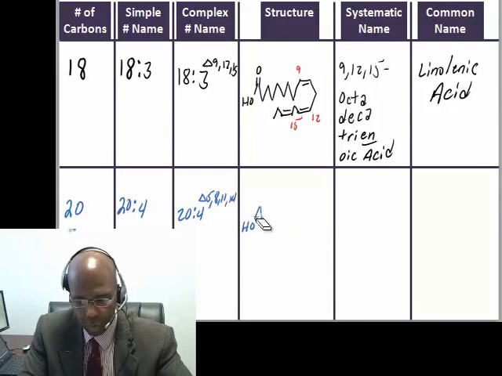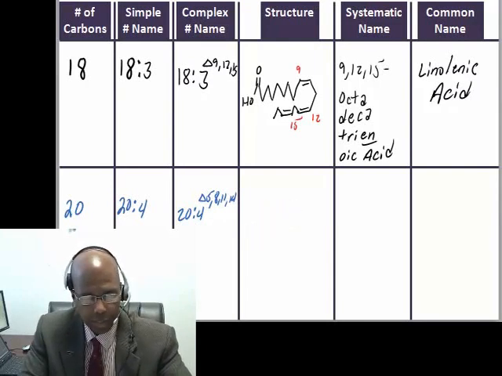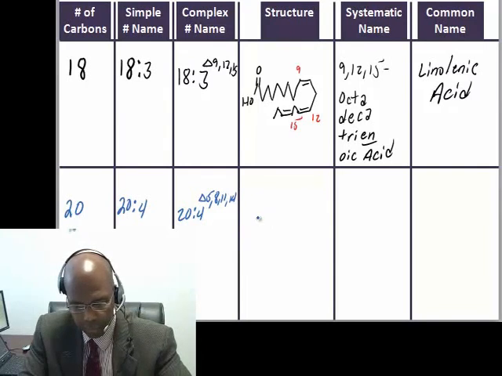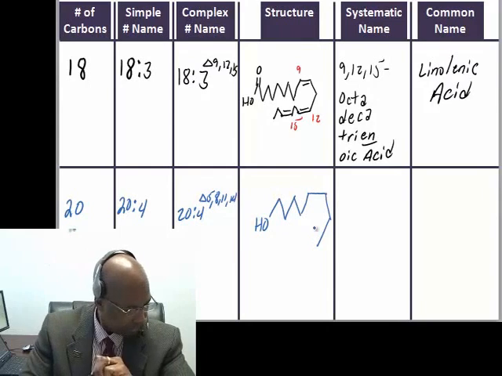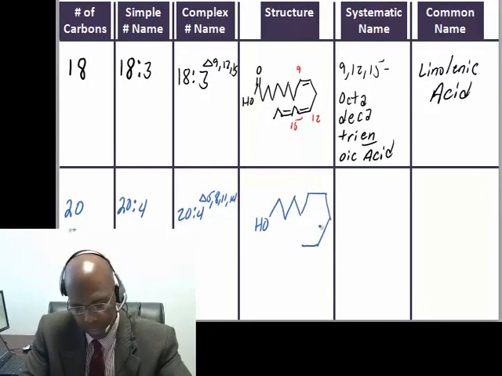Actually, I'm going to start this all over. So that did not start out well at all. So HO, 1, 2, 3, 4, 5, 6, 7, 8, 9, 10, 11, 12, 13, 14, 15, 16, 17, 18, 19, 20. And then here are our double bonds.